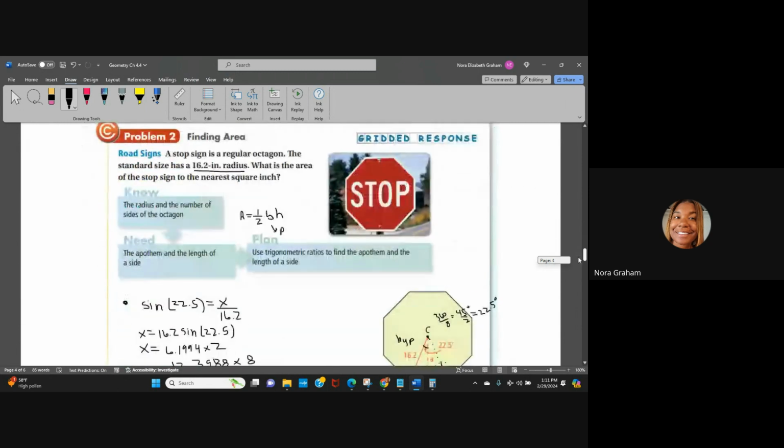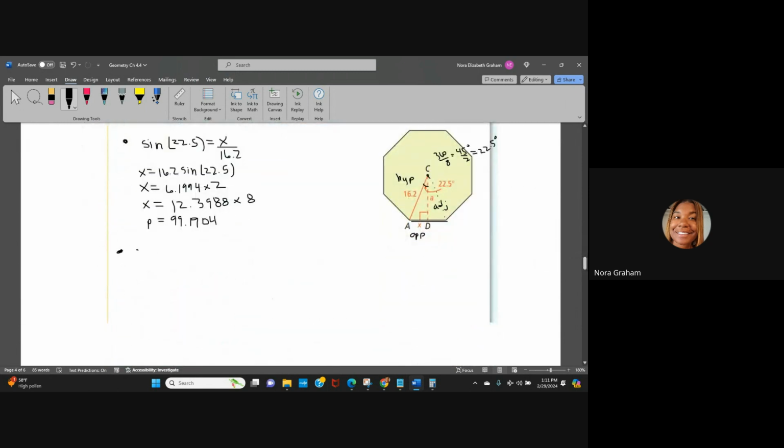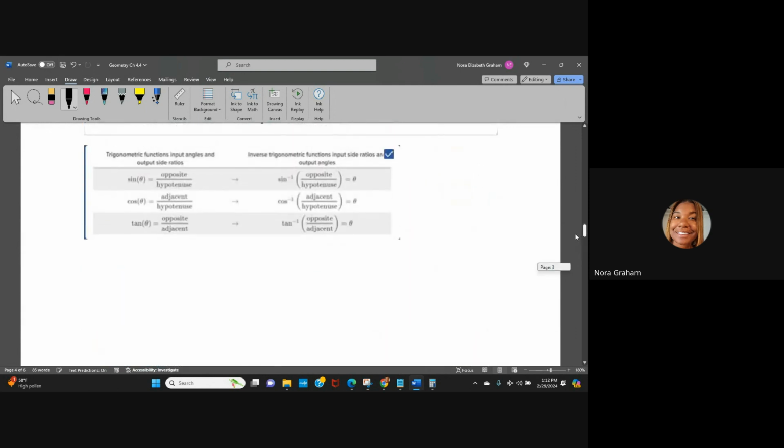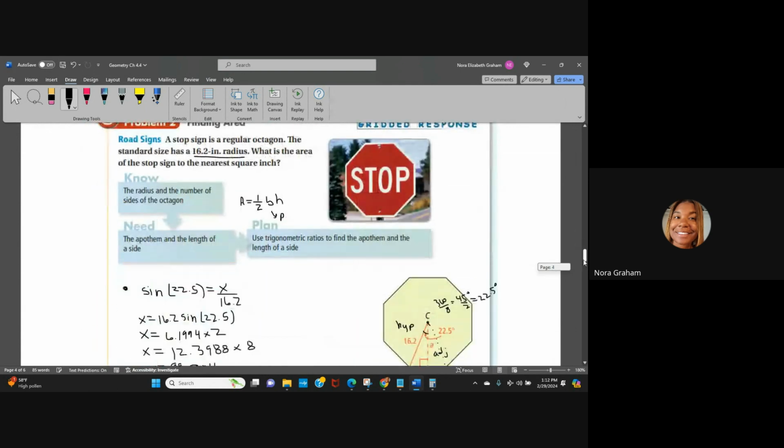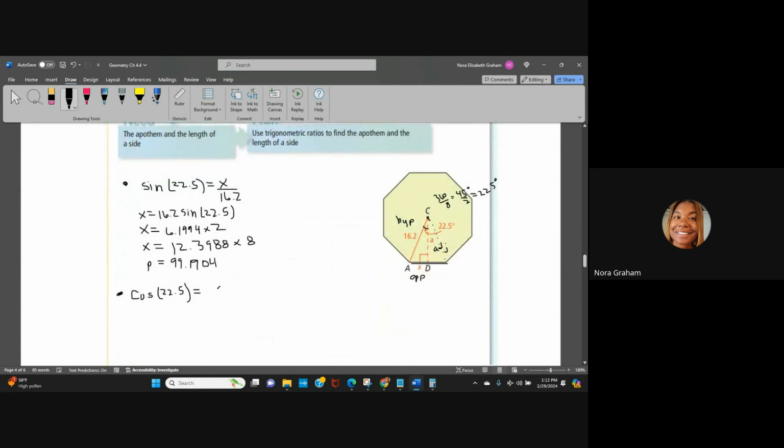So I'm going to do cosine of my angle, 22.5, equals, and I believe it was adjacent over hype, right? Adjacent over hype. I don't know what my adjacent is, so that's x over my hype, which is 16.2.